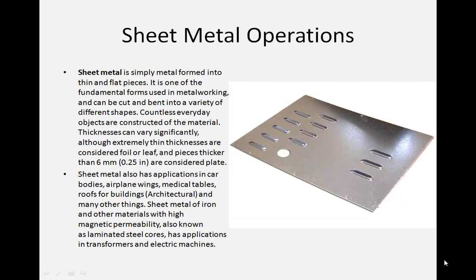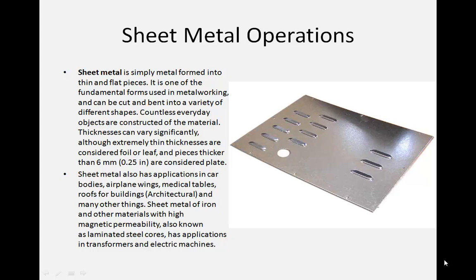Then sheet metal operations. Sheet metal is basically thin and flat pieces of metal, and it is a very fundamental form in metalworking and can be cut and bent into a variety of different shapes. The thicknesses can vary significantly, although extremely thin thicknesses are considered foil or leaf.